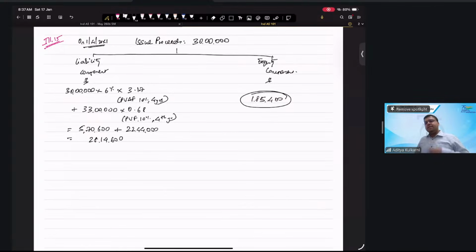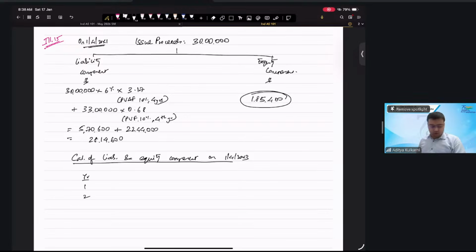So can I take these values on date of transition? Answer is no. I will have to do an amortization table for how many years? 2 years. So calculation of liability and equity component on 1st April 20X3.